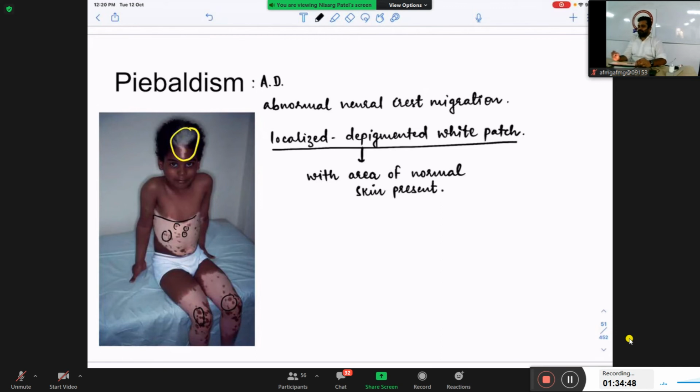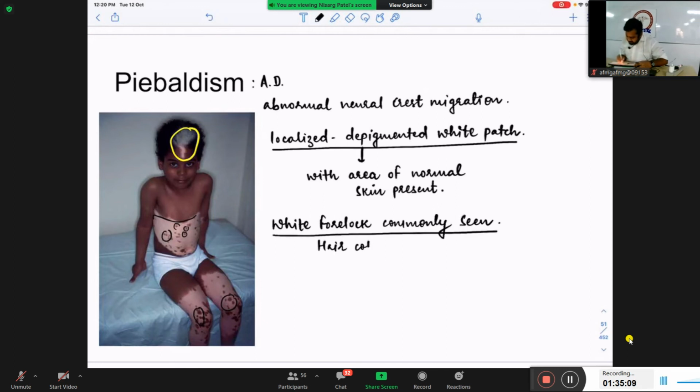A white forelock is commonly seen, so you will see that hair color is also affected in this area.